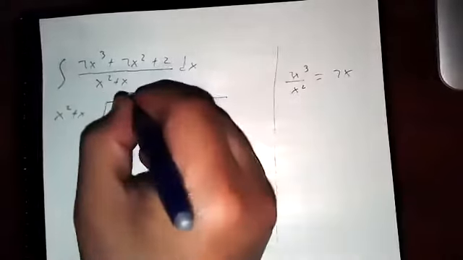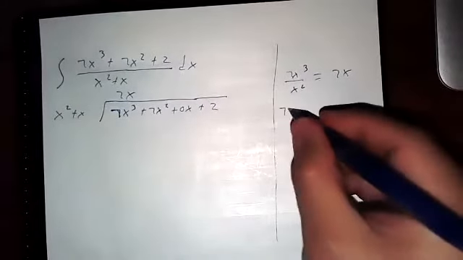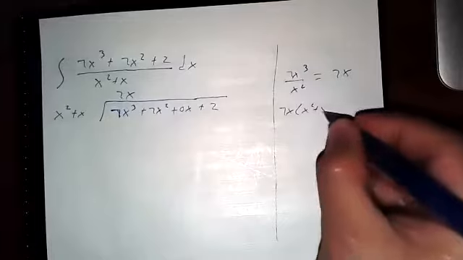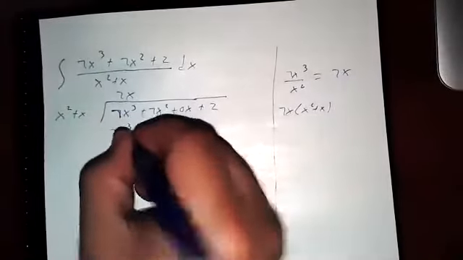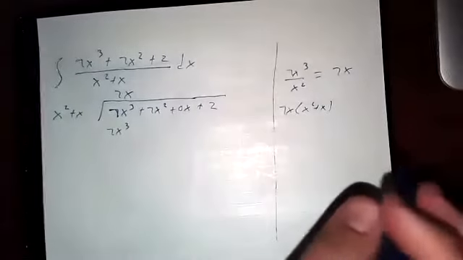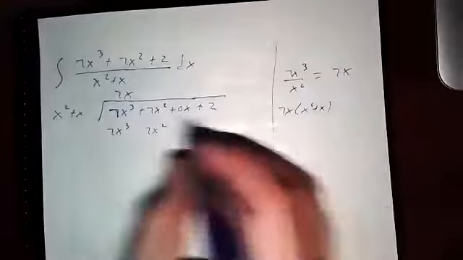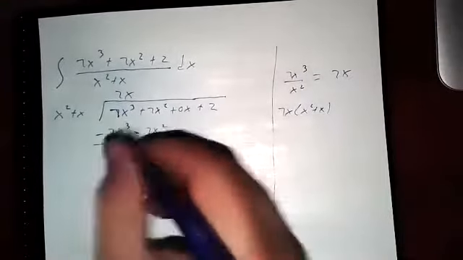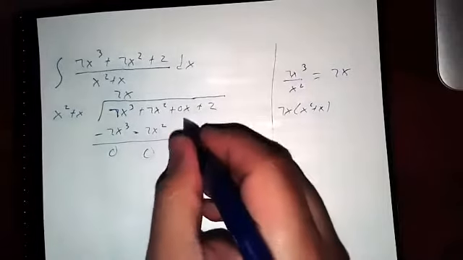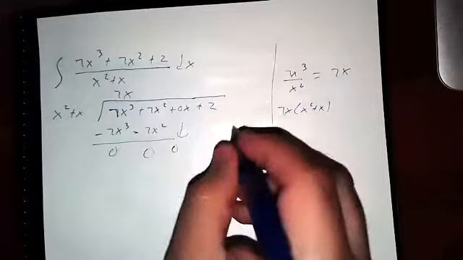So that'll be my answer for the first part. Then you multiply 7x times x squared plus x, giving me 7x cubed plus 7x squared. And then they're both positive, so I have to switch these signs. So this gives me 0, 0, 0. Looks like that's all I can do.